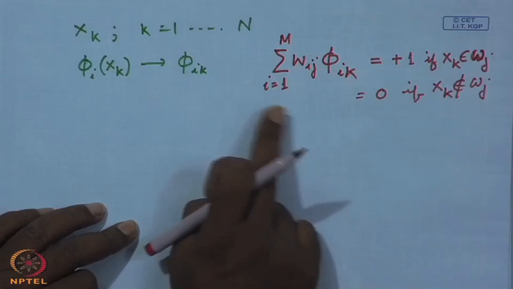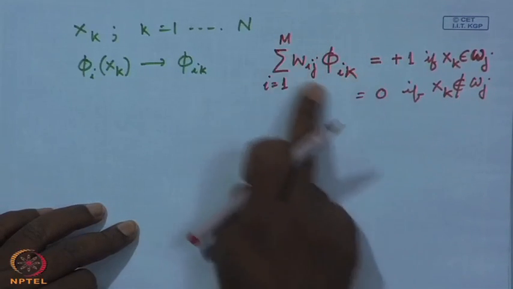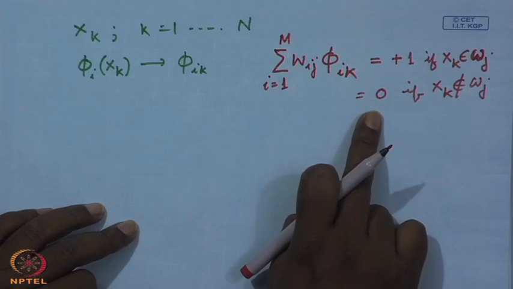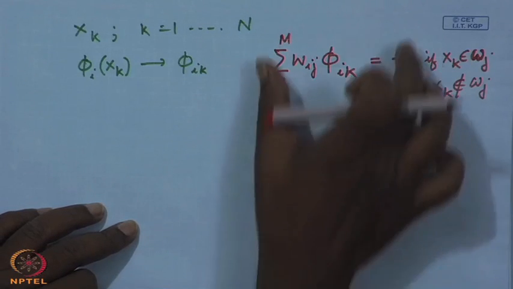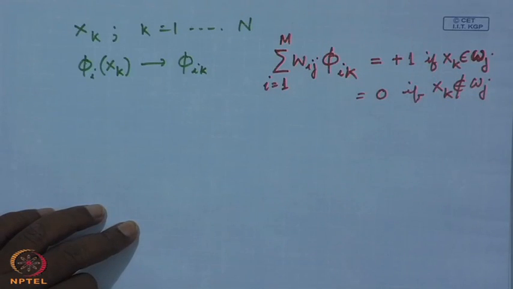So, for every x k I have such a linear equation, where this summation will be either plus 1 or 0, and all those capital N equations I can now write in the form of a matrix.